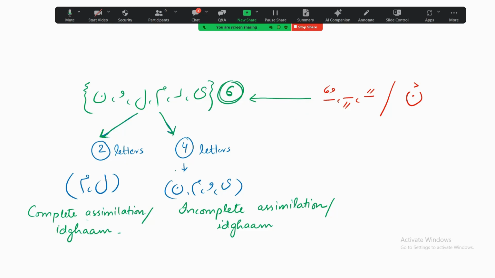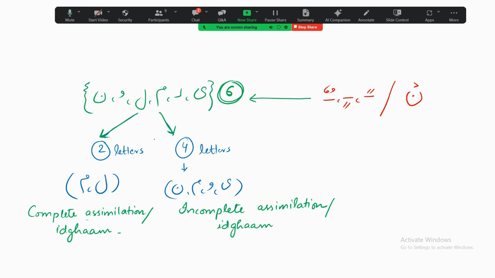On the basis of these two things, we have divided the rule into two types, and we have named these two types as well. The rule number two in general is named idgham hakiki. You can say the full name is idgham hakiki, or you can just say idgham.